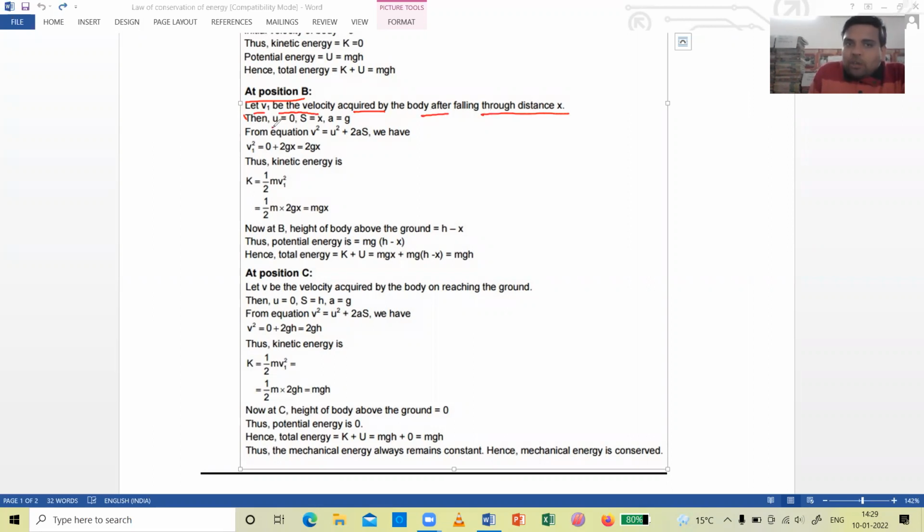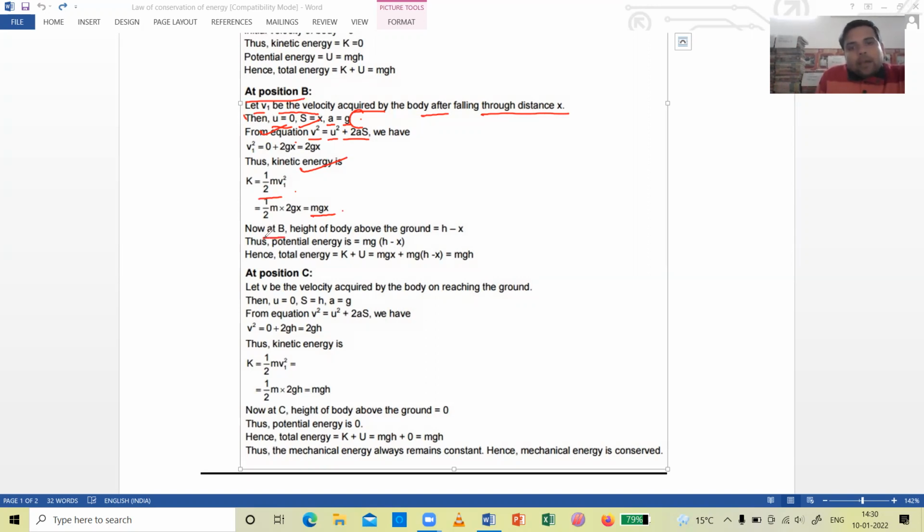Because it is falling from the state of rest, the initial velocity u will be 0, the distance traveled is x, and a is equal to g, the acceleration due to gravity. From the third equation of motion, v square is equal to u square plus 2as, we can find out the velocity. So the kinetic energy is K equal to half m v1 square, which is mgx.